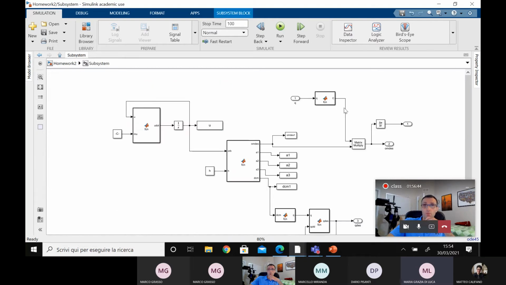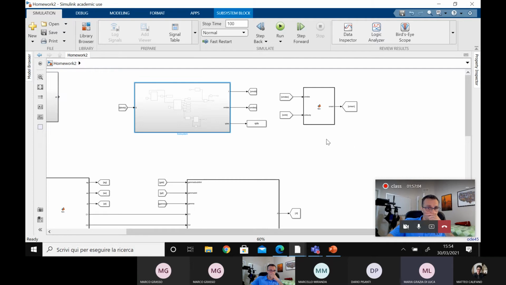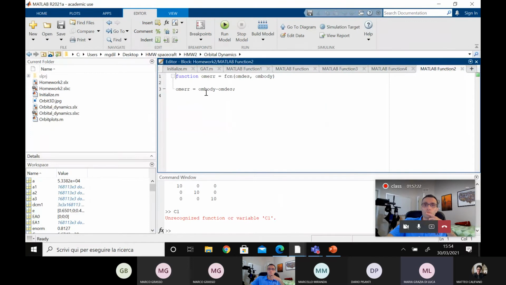In order to evaluate the corresponding DCM, because when we obtained omega des, it was in the reference frame of the inertial frame, and then we needed to write it in the reference frame of the body. So that both omega des and its derivative were in the reference frame of the body. And then I had already written a block that computes the difference between omega of the body and omega des to get omega error. Just let me check. Okay, no, it's the correct order.